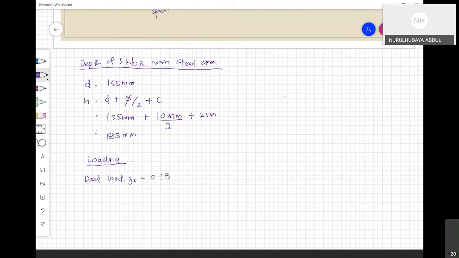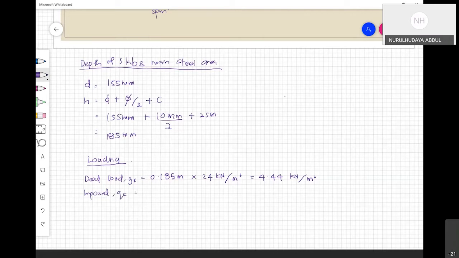Ambil saja dia punya total height, ditukar pada meter sebab kita punya unit weight of concrete ni adalah dalam kilonewton per meter cube. Jadi kita tukar dia jadi meter lah. Lebih senang kita nak kira. So here I dapat 4.44 kilonewton per meter square. Betul tak?